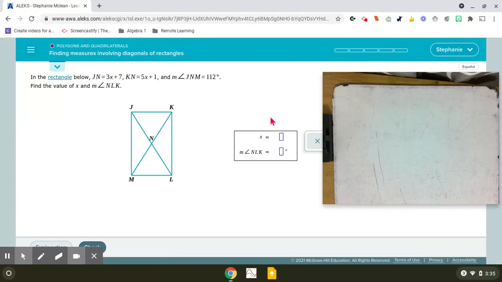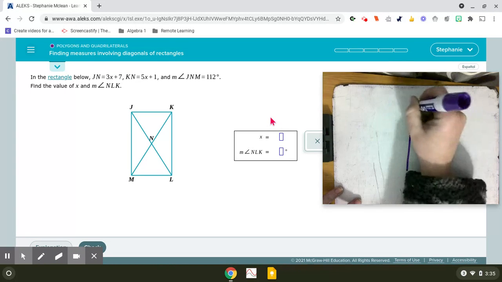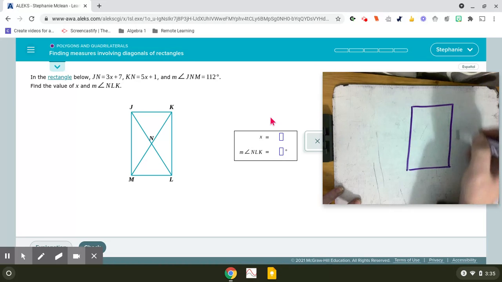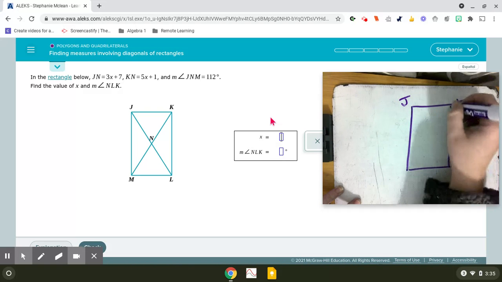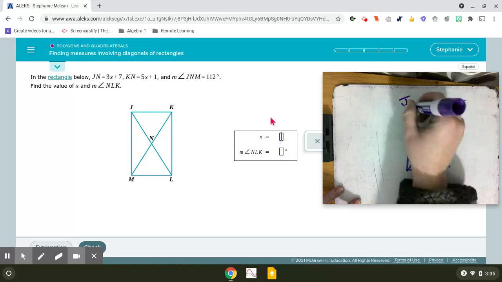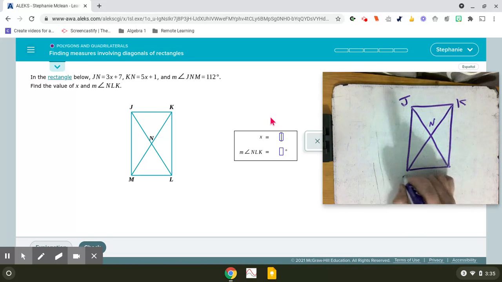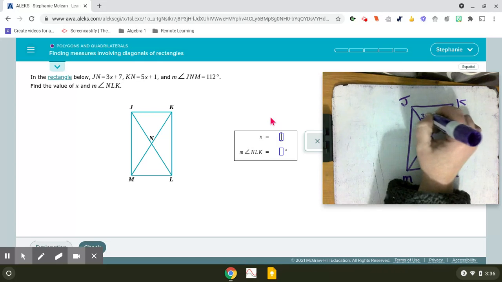Here is my first rectangle. I'm going to draw in what they tell me. This is J, K, and then this is N, this is M, and L. They tell me that JN is 3x plus 7.